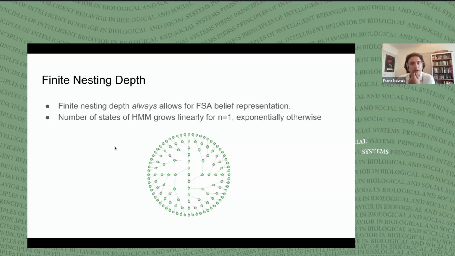And now, if we have a finite nesting depth, then we can always represent or accept this language with a finite state automaton. However, you need to note that the number of states of this finite state automaton, or HMM, grows linearly if you have only one type of parentheses, and otherwise it grows exponentially.